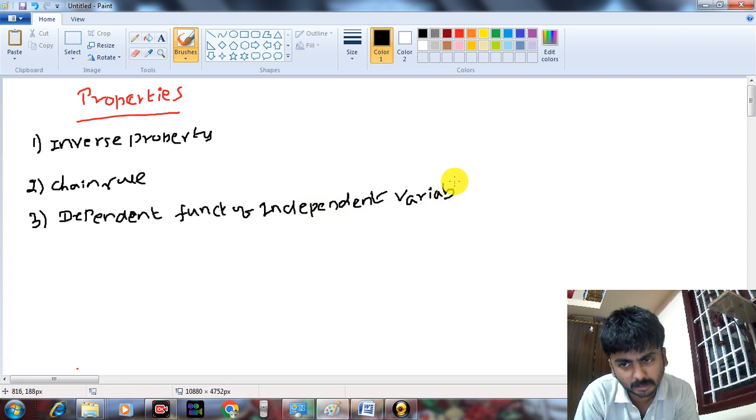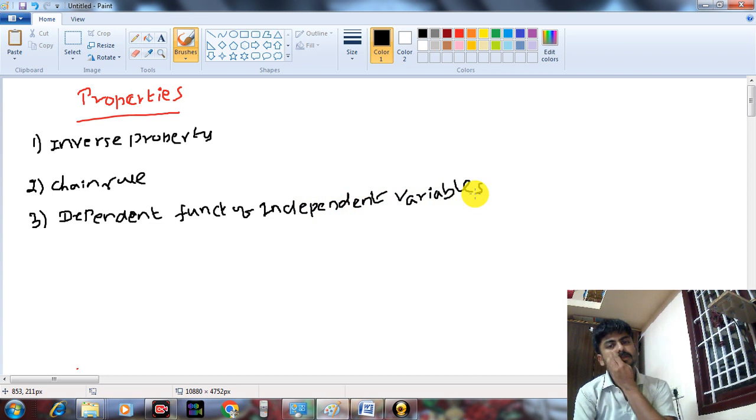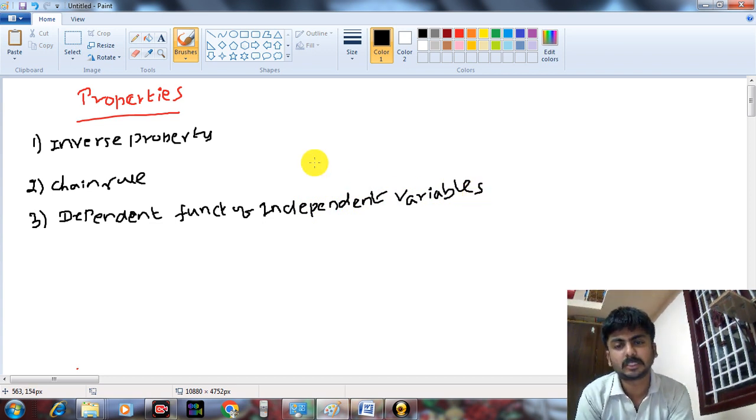Inverse property, chain rule, dependent functions of independent variables. These are the three properties we are going to discuss.